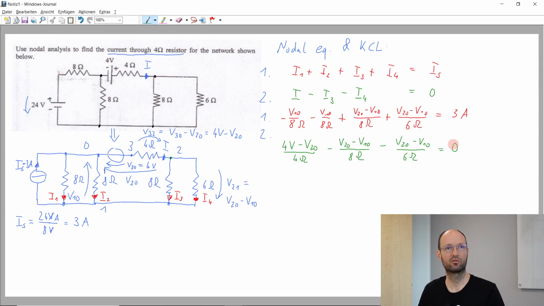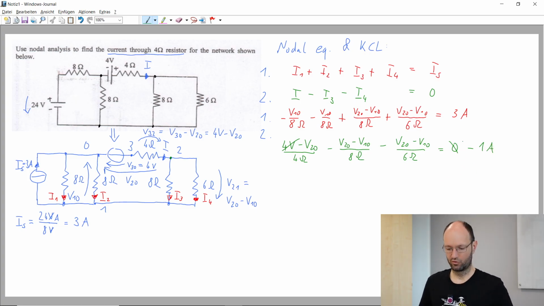And this at the end should be 0. Because the 4 volt divided by 4 ohm is known, I would move this to the other side, so that on this side we only have unknown quantities, and on this side we have the known quantities. So I will skip it here and say this is minus 1 ampere on this side.